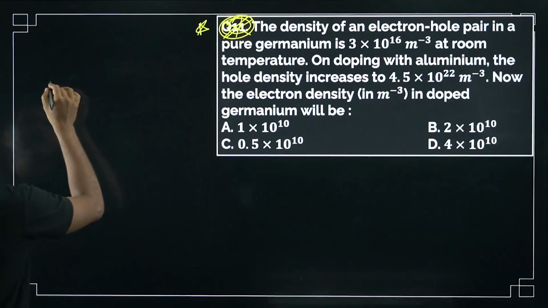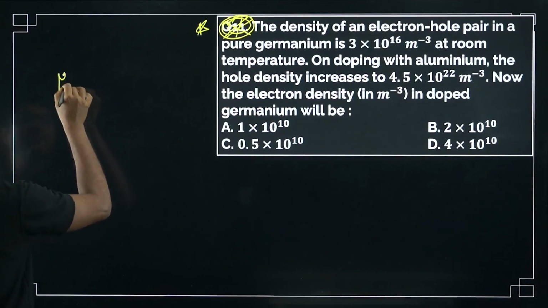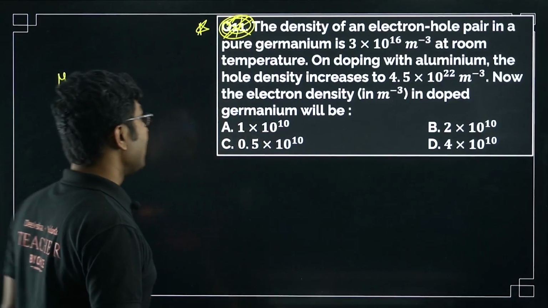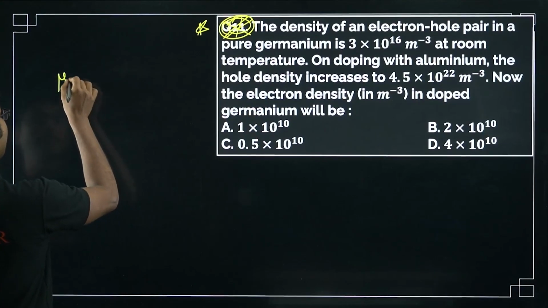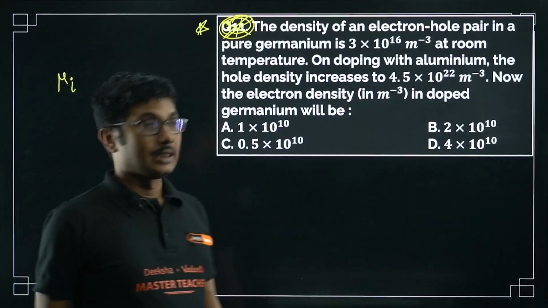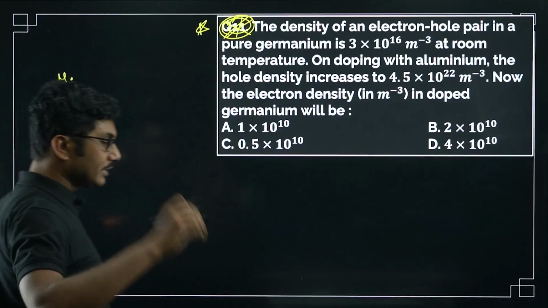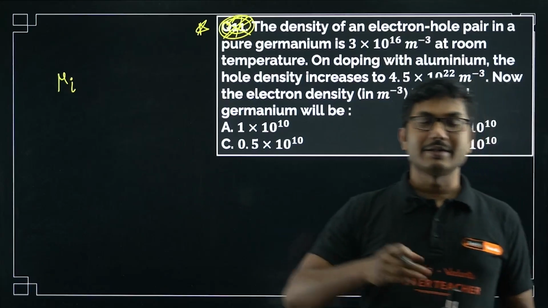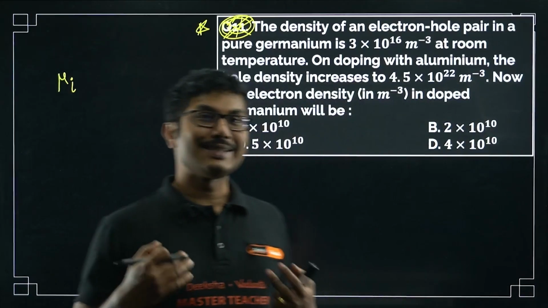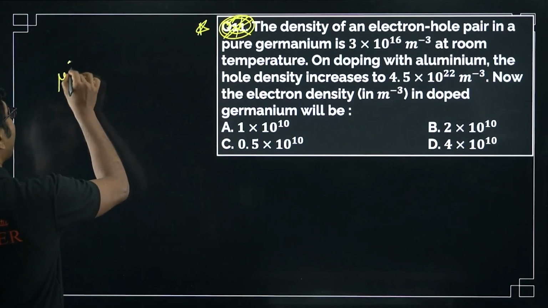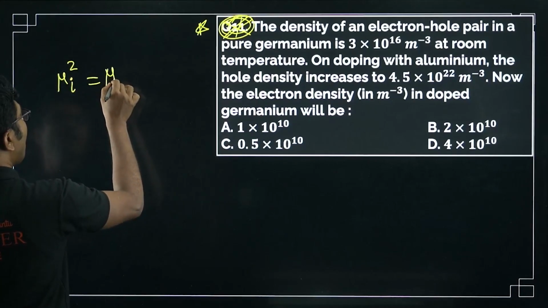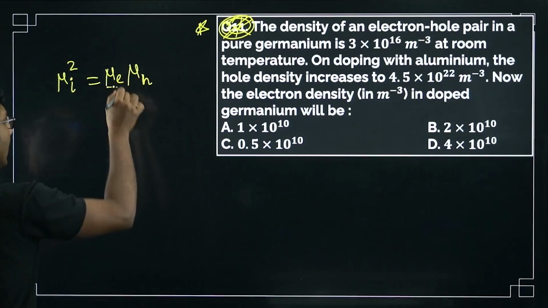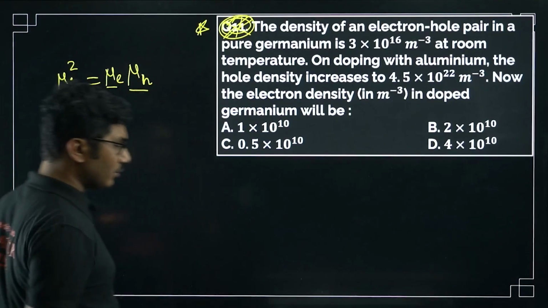Here we know that an intrinsic semiconductor has some carrier concentration, that is generally represented by n_i. Now when you dope with something, the hole concentration and the electron concentration get separated. Now n_i squared is equal to n_e into n_h, where n_e is the electron concentration and n_h is the hole concentration.